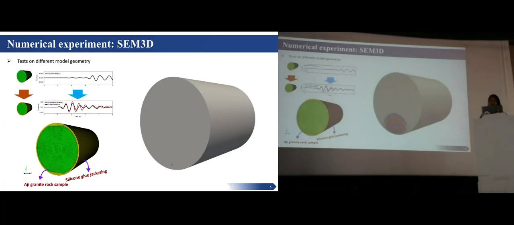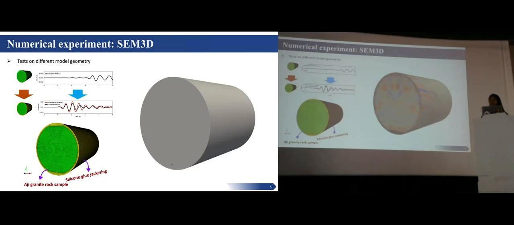So then I started a lot of trial and error on numerical modeling to test different geometries and find the best model: the granite rock inside with an additional layer outside using the silicone glue jacketing parameters. It acts as a partially absorbing, partially reflecting boundary condition and lets my synthetics match my data better.